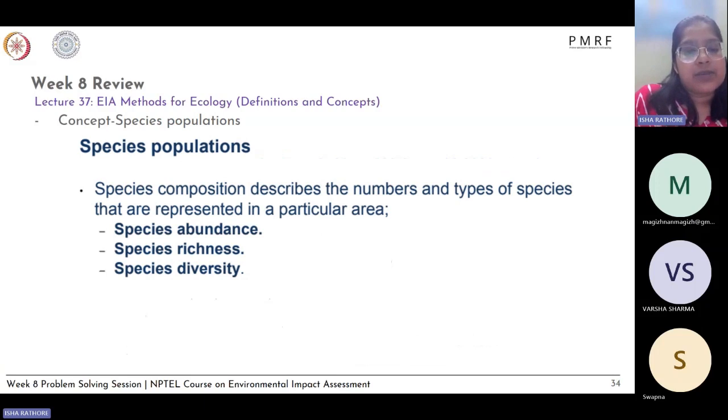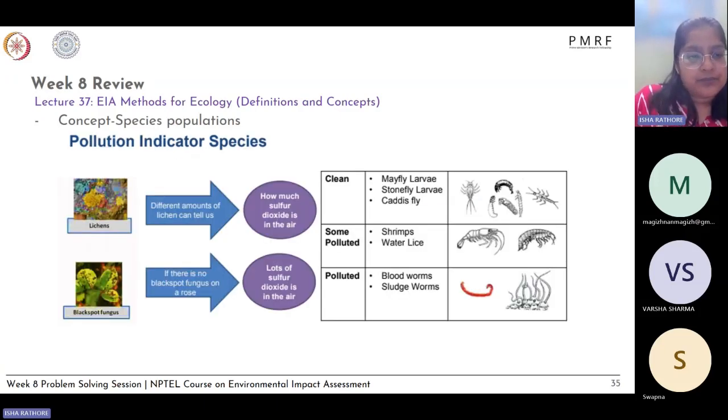Then we looked at species population. So species composition is described in numbers and the type of species that are present in a particular area. Now, three key terms are used for looking at species population. So we have species abundance, species richness, and species diversity. Then we also looked at pollution indicator species.